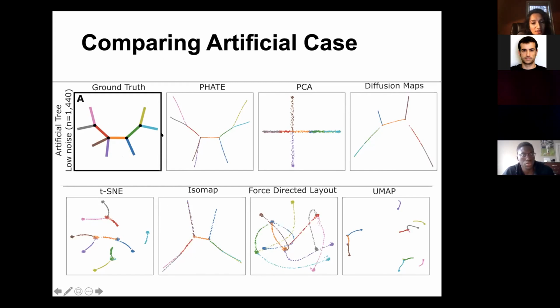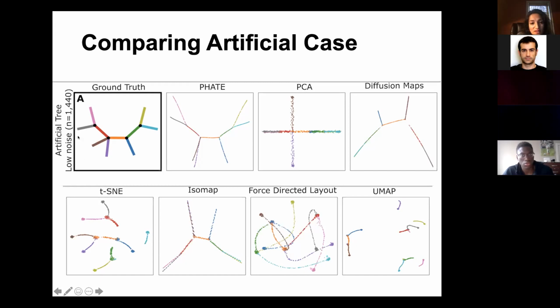FATE is first learning the long-range diffusion probability and then squeezing that in so you get something like this. PCA is projecting these to lines, so it's as if you were standing here and you projected all of this stuff to a line that's up here. So you get all of these kind of like the pink overlapping the gray and the green overlapping the red, but the global ordering is correct.